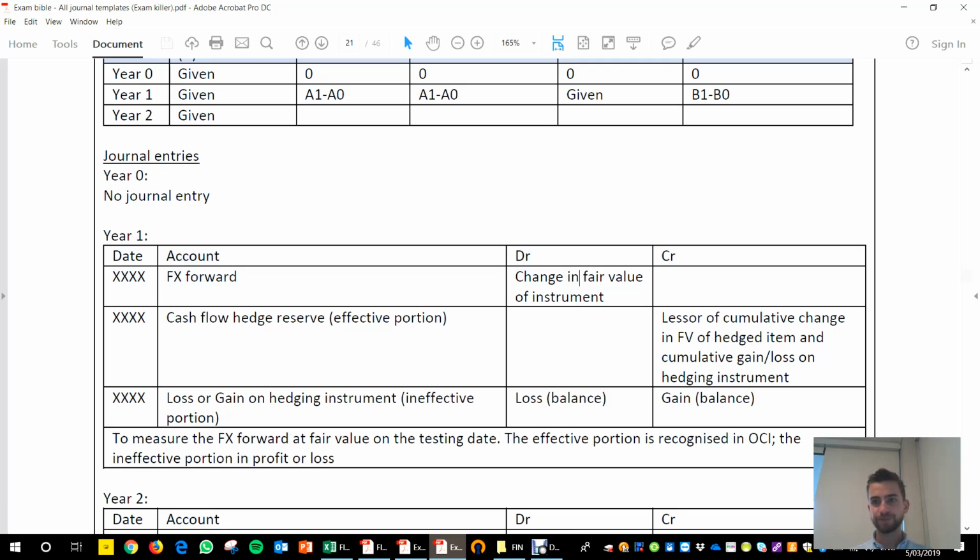So once you've calculated the change in the fair value of the instrument itself, for example, the change in fair value of a hedging instrument which protects against continual cash flows from a contract which is dependent on interest rate, how are we going to approach this?